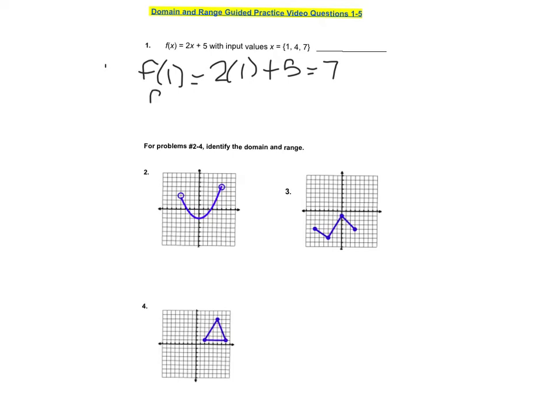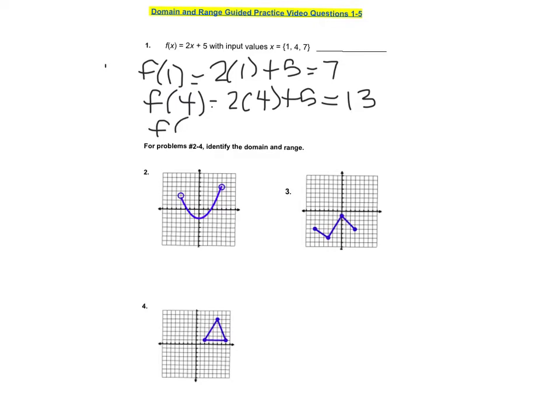Next, we're going to do f of 4, which will equal 2 times 4 plus 5. 2 times 4 is 8 plus 5 is 13.